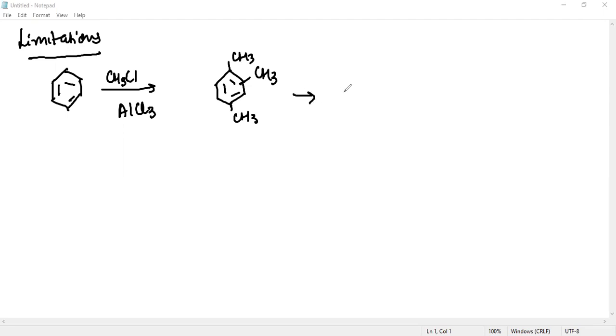To stop this, we can increase the concentration of benzene. If you increase the concentration of benzene, the CH3 is more likely to attack the other benzenes, and you can avoid forming more of the polyalkylated product.